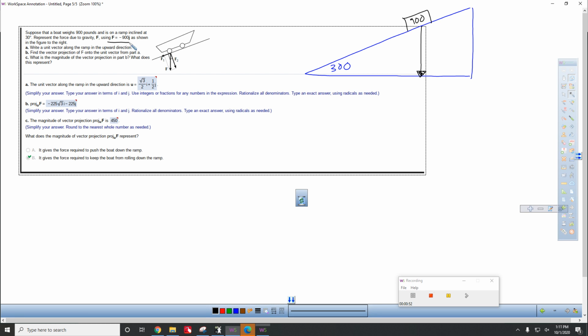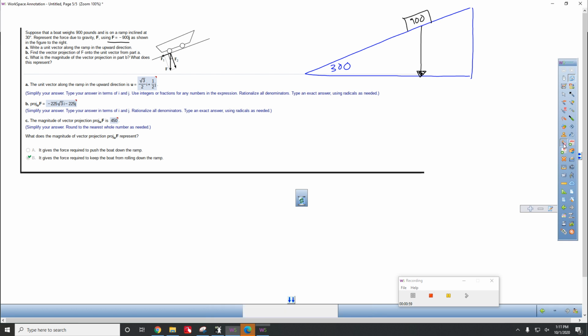So that 300 should be a 30 degrees. So let's fix that first, of course. Okay, so let's finish out what else we know. We know this is a right angle. We know that this is 60 degrees.